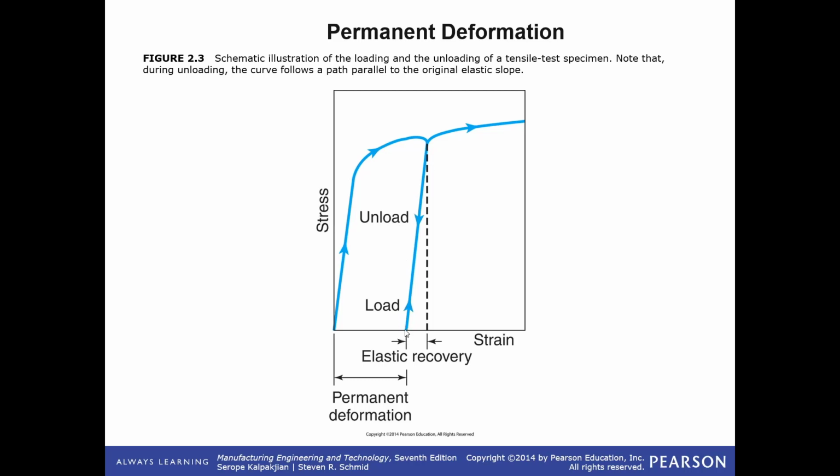So this will come here. Then if you were to load it again, it would start at this point. So it's already strained, and it's going to start at this point, and then it'll continue on. And if you plastically deform it more, and don't break it, it'll come down to a different point, and so on, until eventually it breaks, right? So that's permanent deformation. So it's actually yielding or stretching that part.